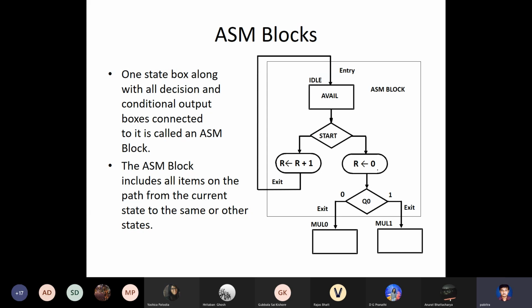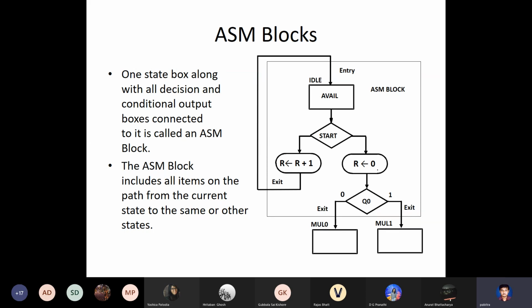So either the falling edge or the rising edge, whatever your implementation is, only at the next edge of the clock you move out from one ASM block to the next ASM block. Whereas in a normal flowchart, it can be any time; whenever the execution is over, it goes to the next element.